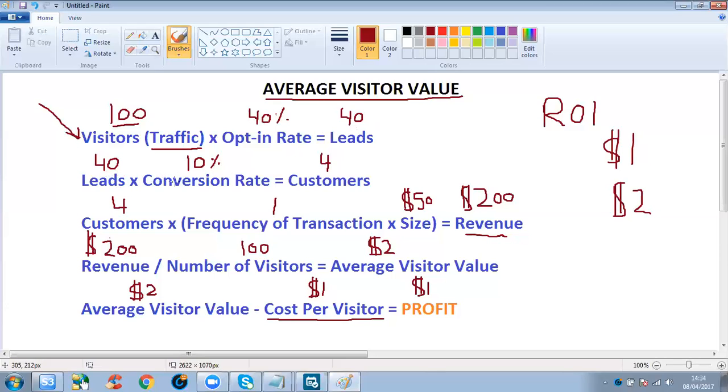So the next thing you can do is increase your conversion rate. From these 40 leads, you can increase your conversion rate. Now, there are two ways to do this. You can either improve your sales funnel, or you can do better follow-up, so you can improve your follow-up methods. Remember, not everybody's going to buy when they first come to your website.